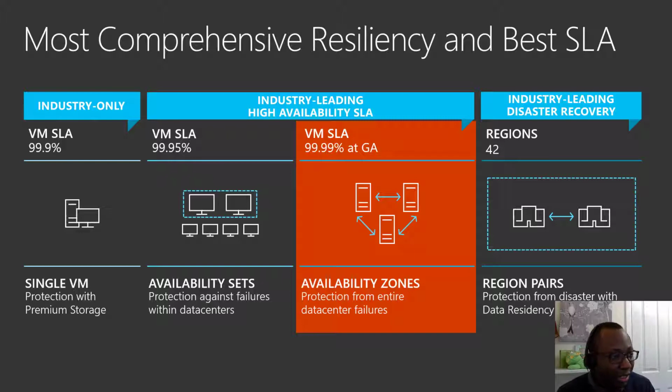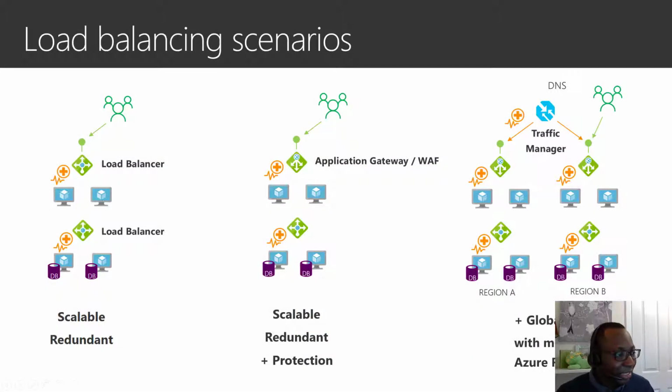So this is one of the reasons why we need the new load balancer. It's not the only reason, but I'm just trying to lay some groundwork to show one of the reasons why we need this. Because if we go back a slide, this load balancer cannot operate across availability zones. It can only operate within a particular availability zone, and it's limited to an availability set.